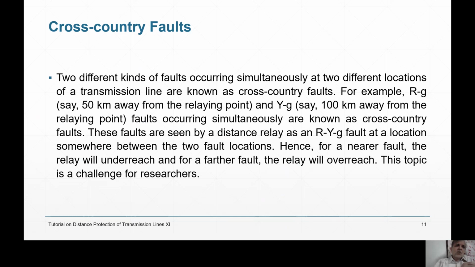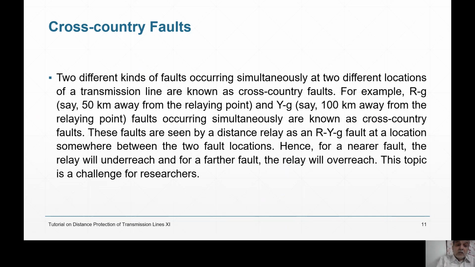Because in my days also, when I asked students what is a cross-country fault, a student used to reply that when a fault crosses a country, then it is known as a cross-country fault. If a fault crosses from India to Pakistan, then it is cross-country. So students are so weak. You see, electrical items have nothing to do with geography.